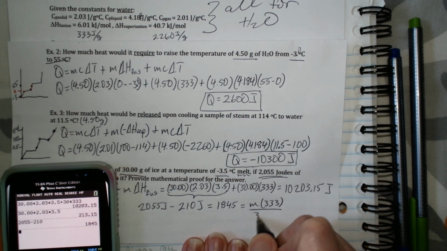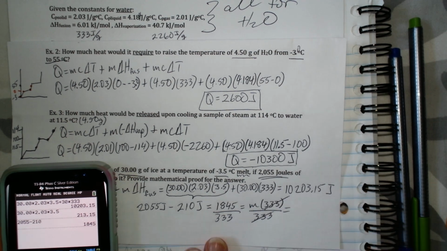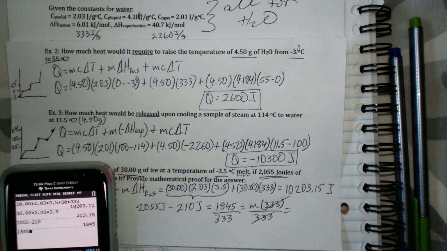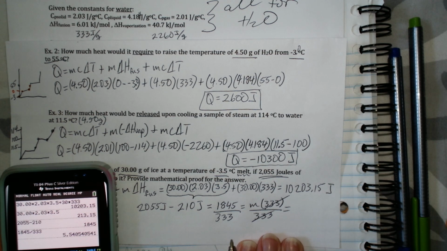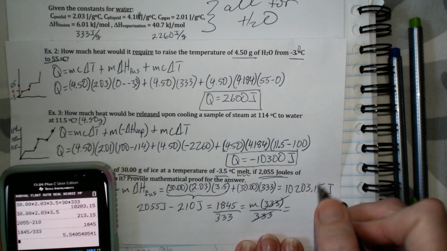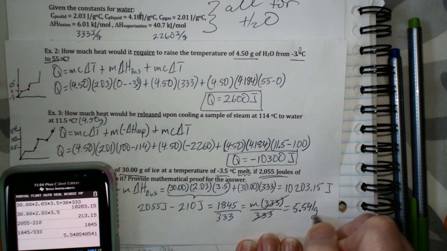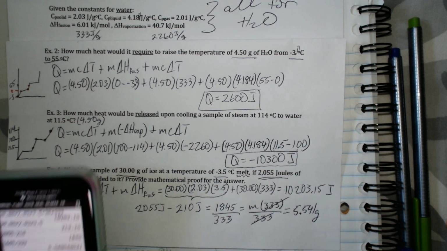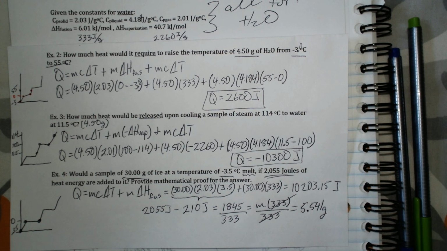So if I just divide both sides by 333, let's see, 1845 divided by 333, I get 5 point, let's see, that's 4 sig figs technically, so 5.541 grams. So what this means is that I can melt some of the ice, but I can't melt all 30 grams.